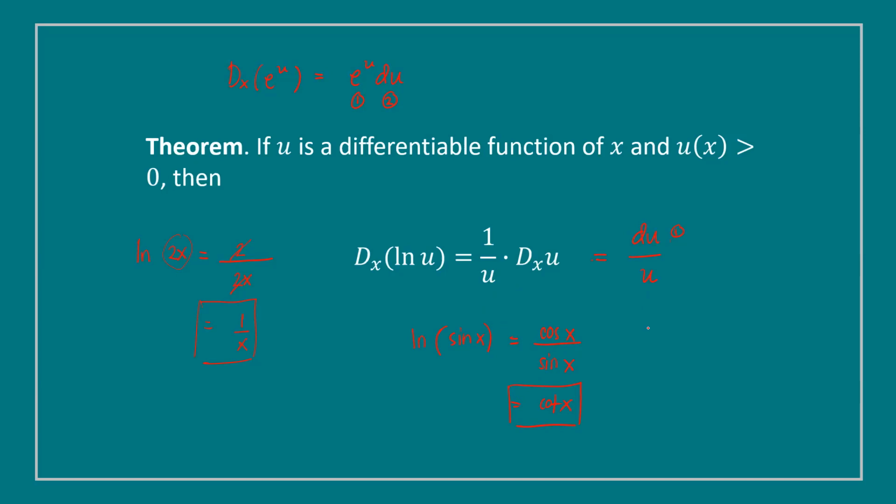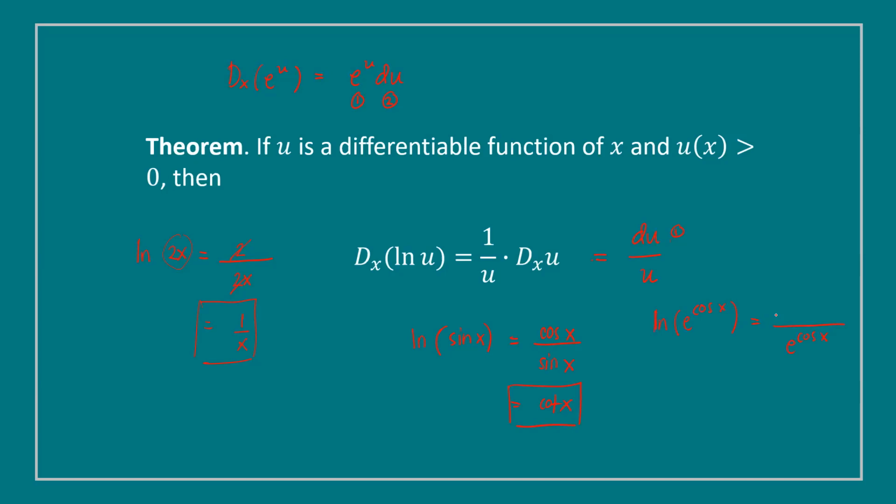Another example would be, let's say e raised to the power of cosine x. Again, copy first e raised to the power of cosine x in the denominator, diba?